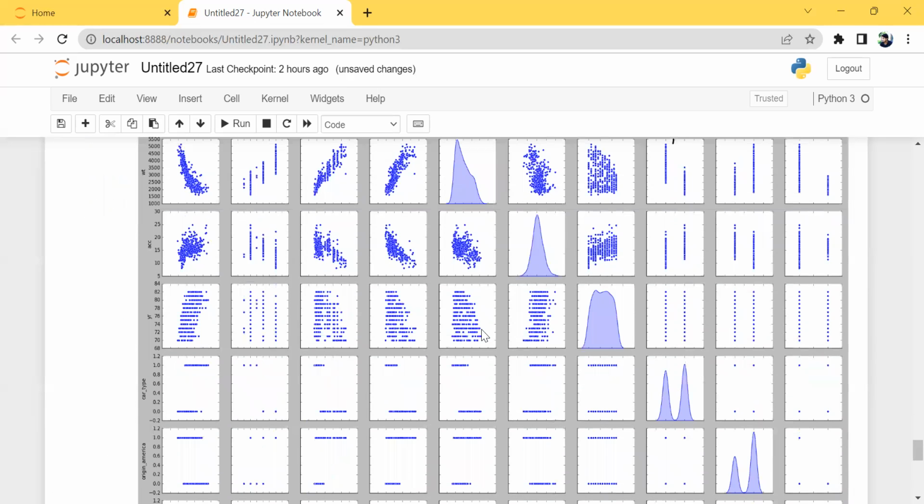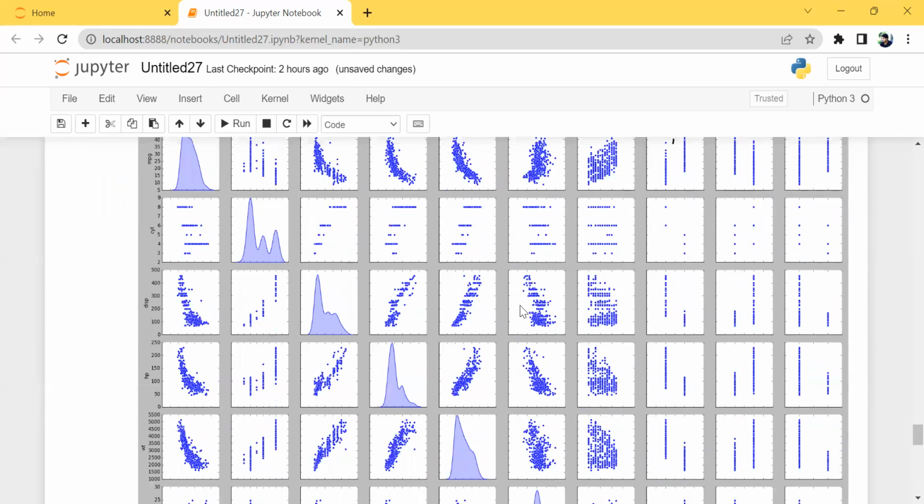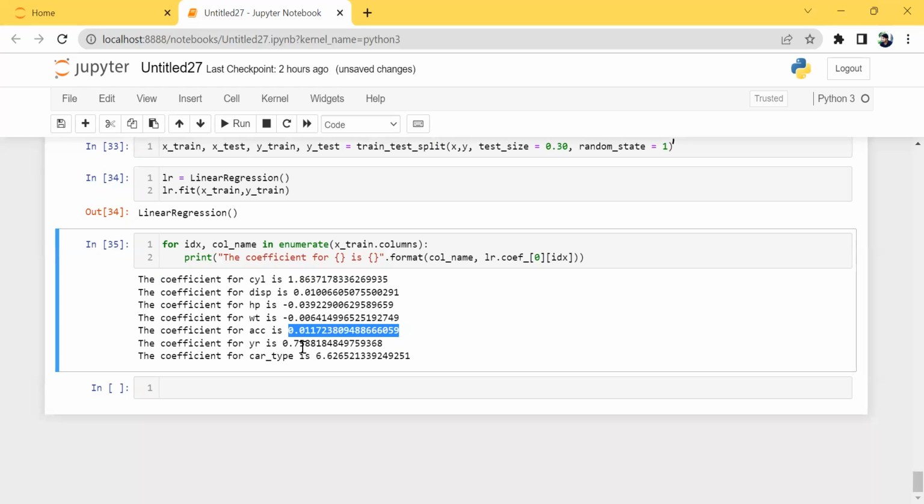But when you observe the scatter plot here, it's not a positive correlation. But when you try to find the coefficients, it's showing us some kind of positive correlation. This happens when there is collinearity in the data, and the same with the displacement column also.